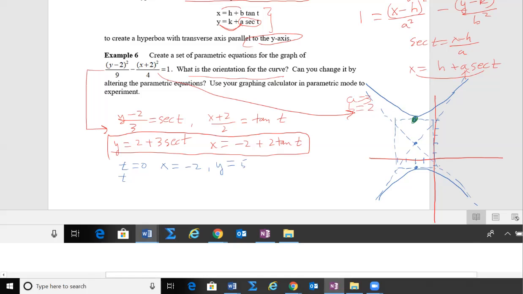Now let's try another value. Gotta be careful, this thing moves pretty quickly, so we can't pick our value too big. Let's try pi over 4. Let's see what we get. Okay, x will be equal to 0, and y will be equal to, it looks like a 5.